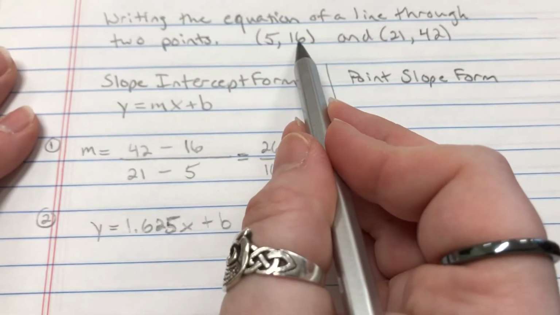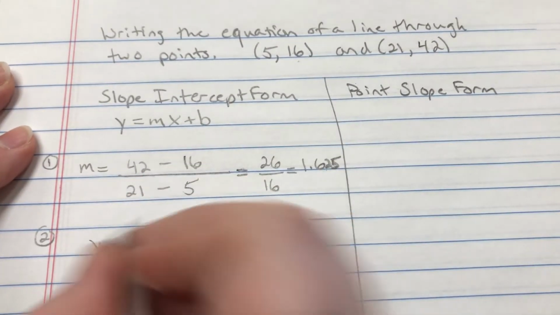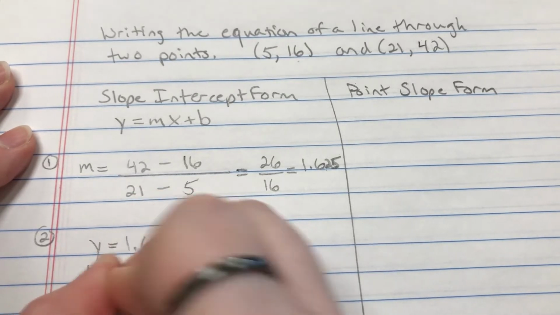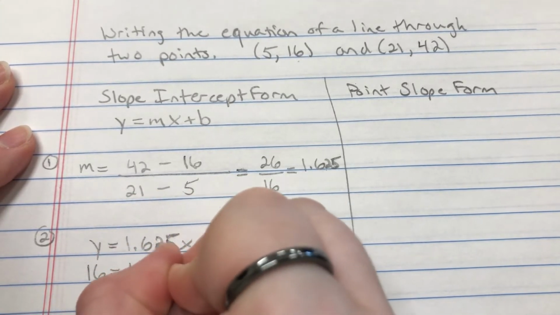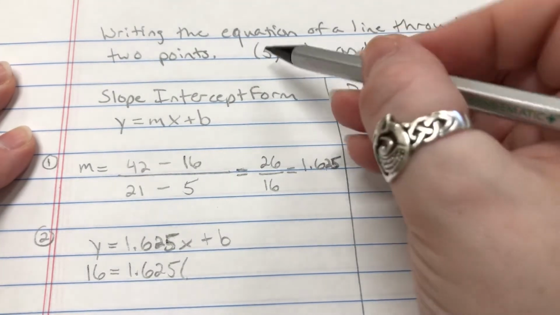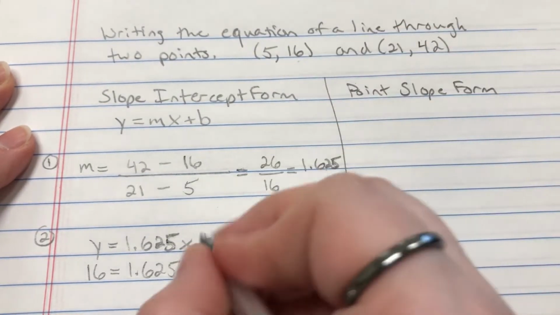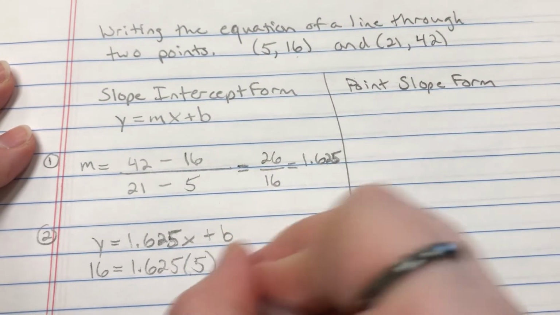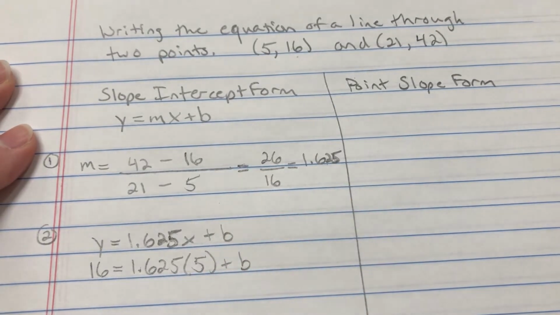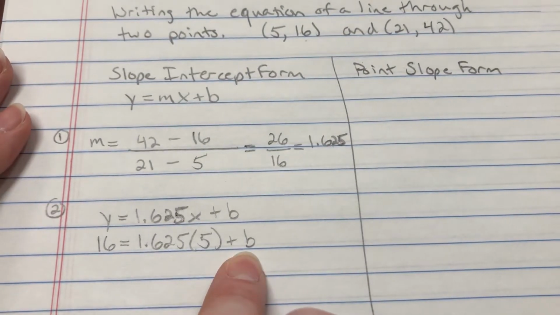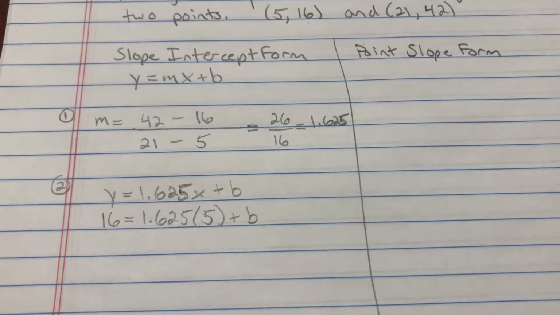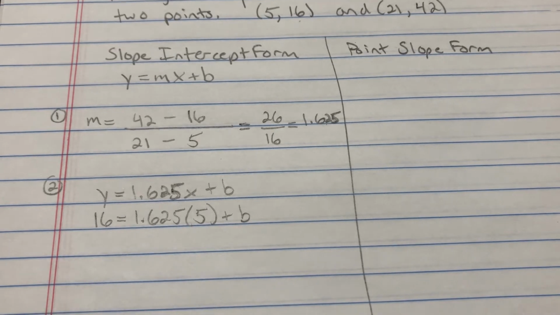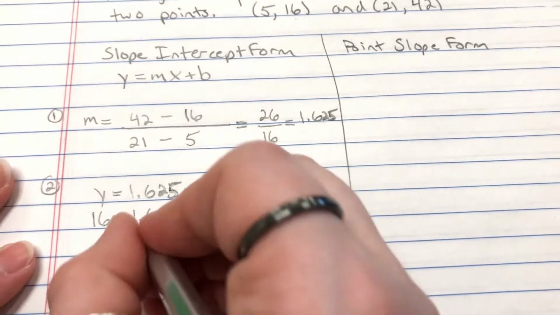My y-coordinate is going to go in place of my y variable, so 16 equals 1.625 times my x value, which is 5 from that point, plus b. Now I have a single variable equation that I can actually solve. All right, first thing I need to do is simplify the 1.625 times 5. That equals 8.125.